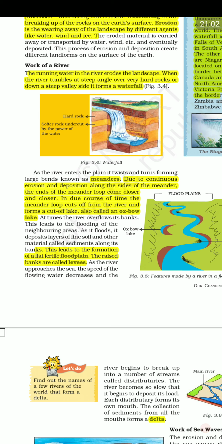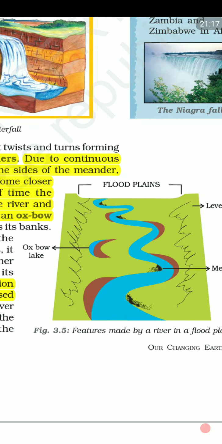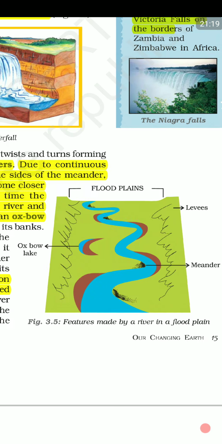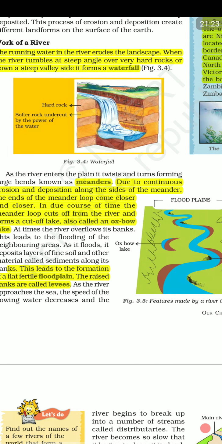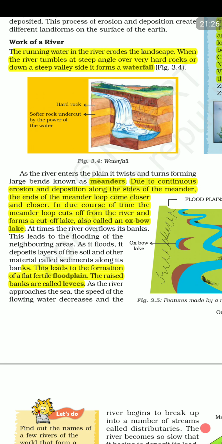In the middle stage, when a river reaches the plains, we find meandering of the river, the twists and turns. Due to its continuous erosion and deposition, we also find oxbow lake. So here you find oxbow lake, right? At times the river overflows its banks.